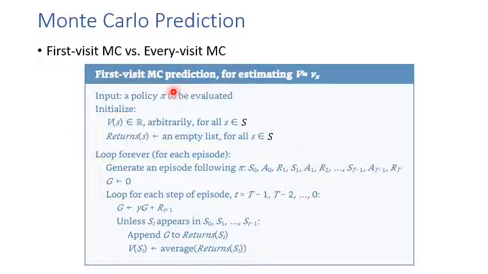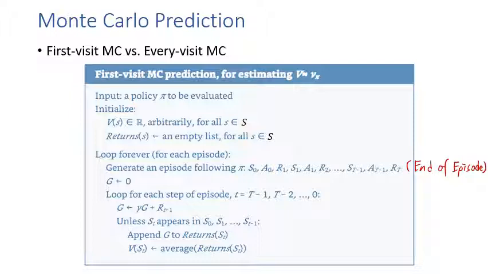So here is the algorithm. First, we have a policy to be evaluated. Then we initialize the value function and the returns to 0. Then we loop forever for each episode. So we play the episode until the end of this episode, and we record the trajectory.